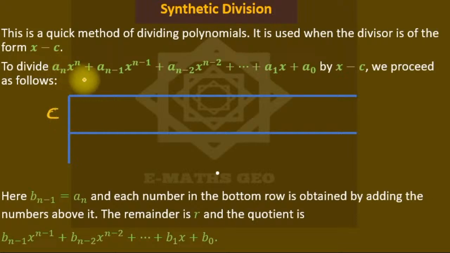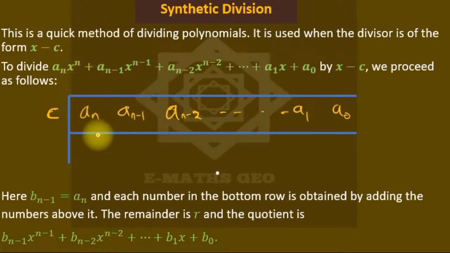We write the coefficients of the terms: a subscript n, a subscript n minus 1, a subscript n minus 2, and so on, till we get to the last ones, a1 and a0.